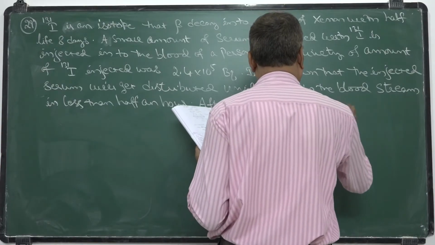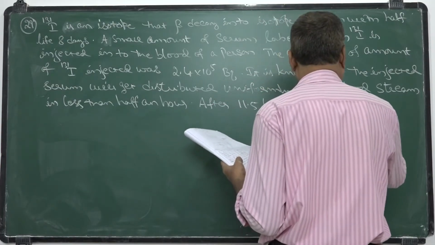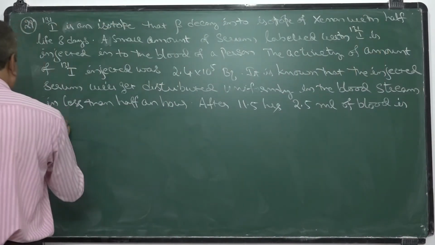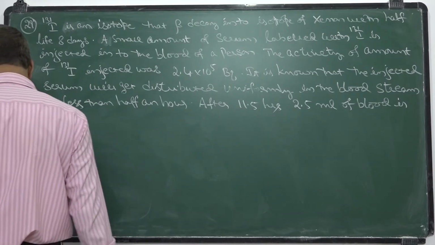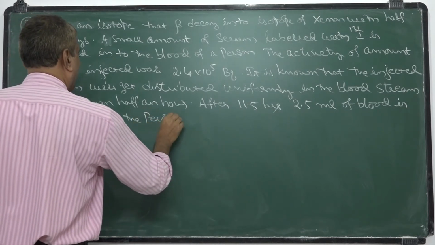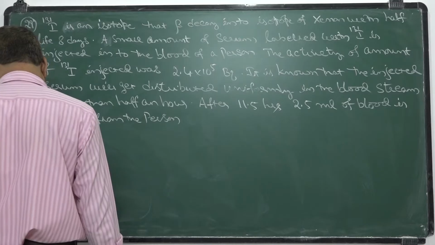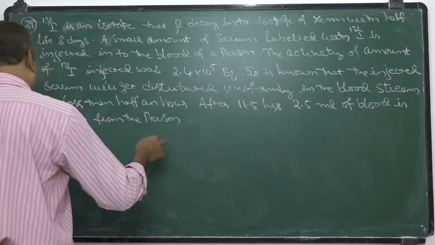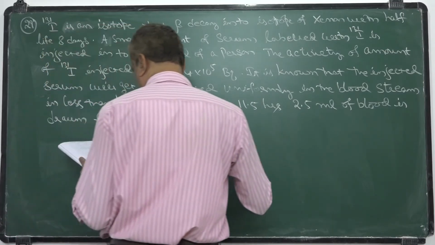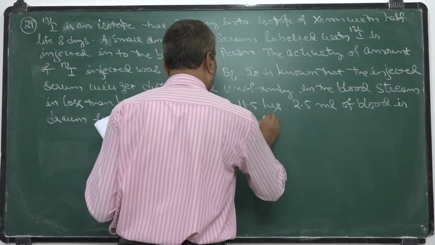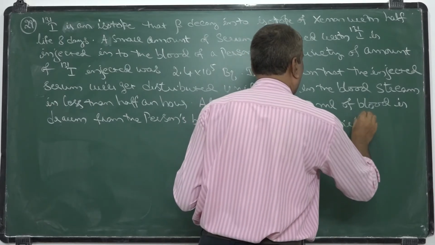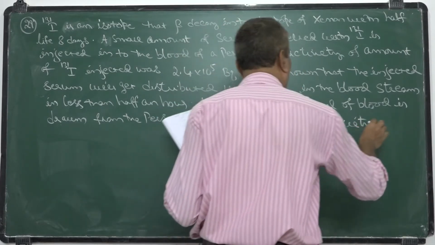2.5 ml of blood is drawn from the person's body and gives an activity of 115 becquerels.